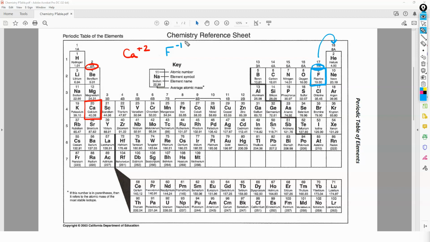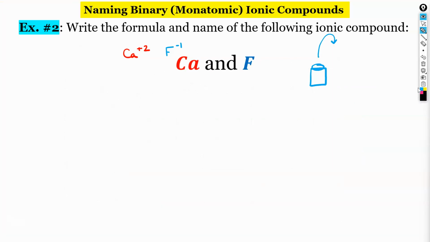So for us to make this work, we want to add another fluorine. So our formula will be Ca and then F2, okay? Again, the charge of fluorine is -1. The charge of calcium is +2, so we need 2 fluorines to balance that out.